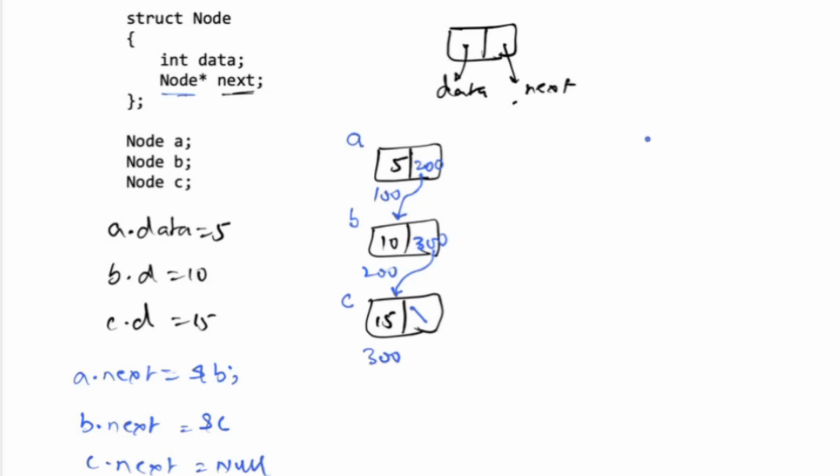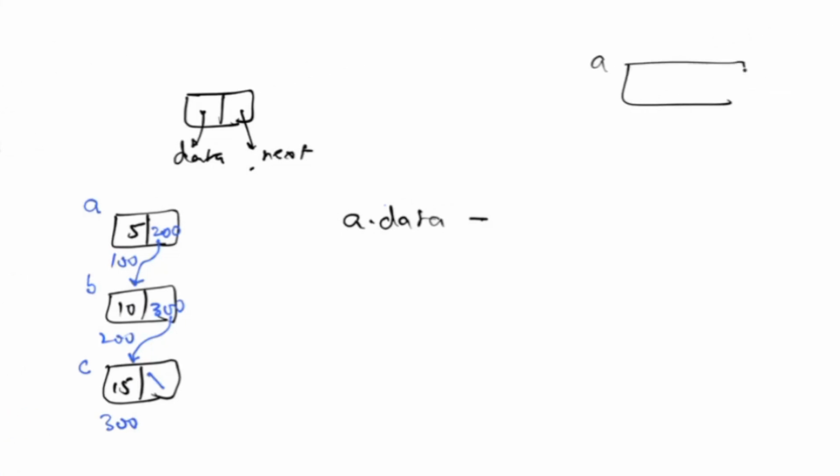Now you tell me what will be the output. If I print a dot data, then what will be the output? It will be 200. This is a, right? So a has a data field and a next field.